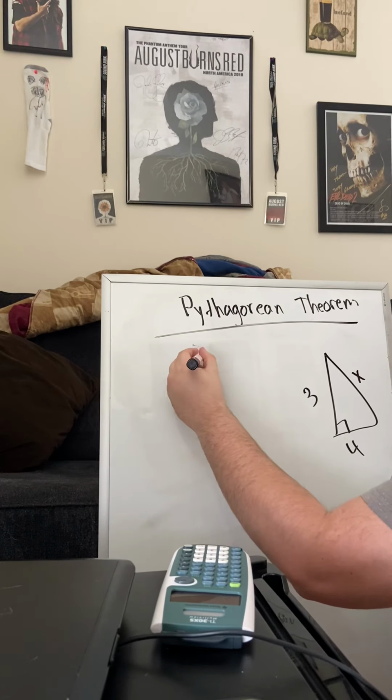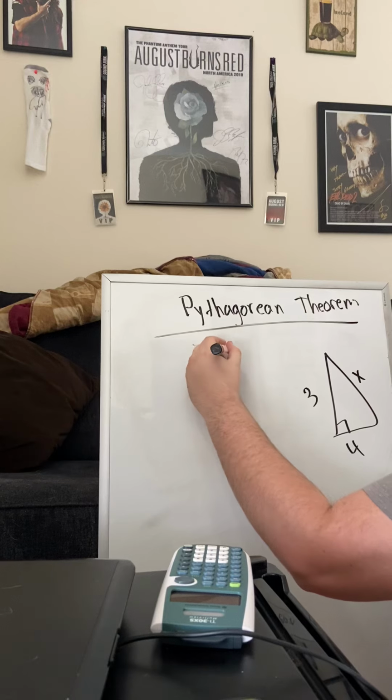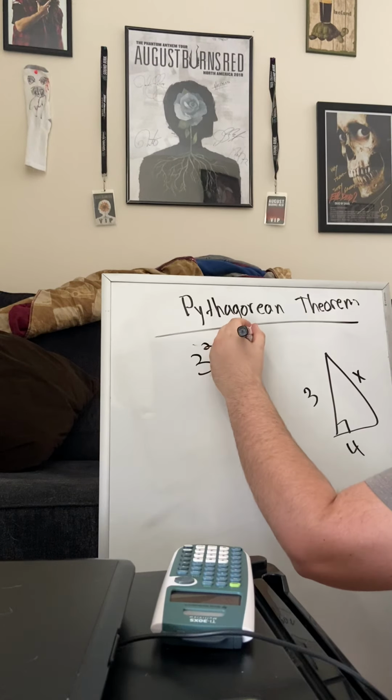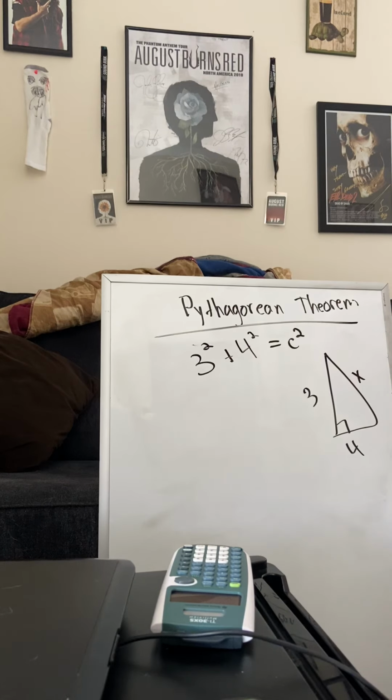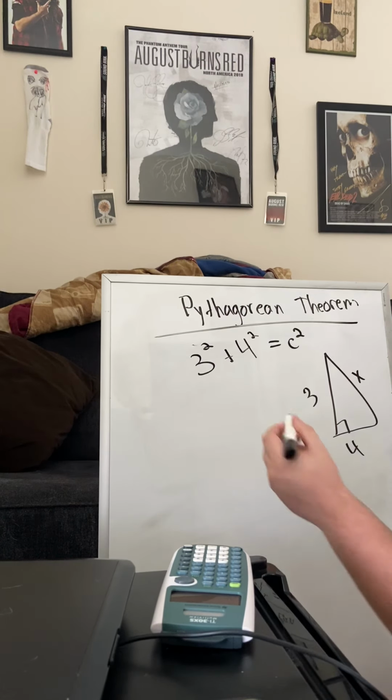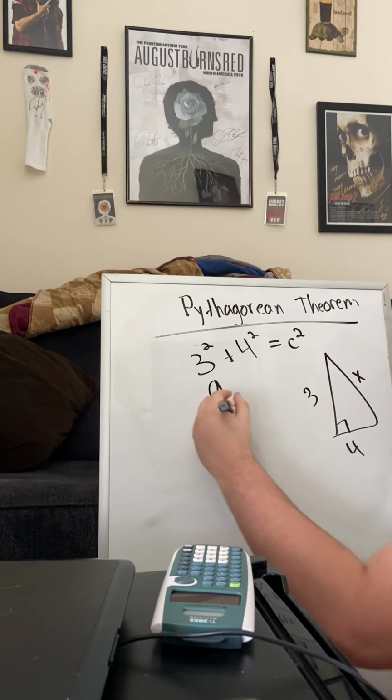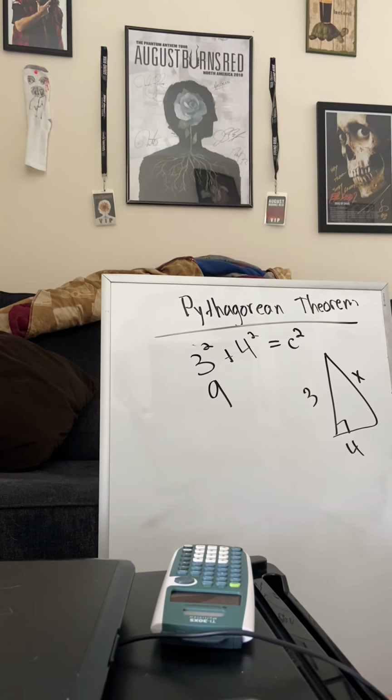So I have 3 to the second power plus 4 to the second power equals c to the second power. When I raise something to the second power, it means I'm multiplying it by itself. So 3 to the second power means 3 times 3, which is 9. Then I have 4 to the second power, which is 4 times 4, which is 16.